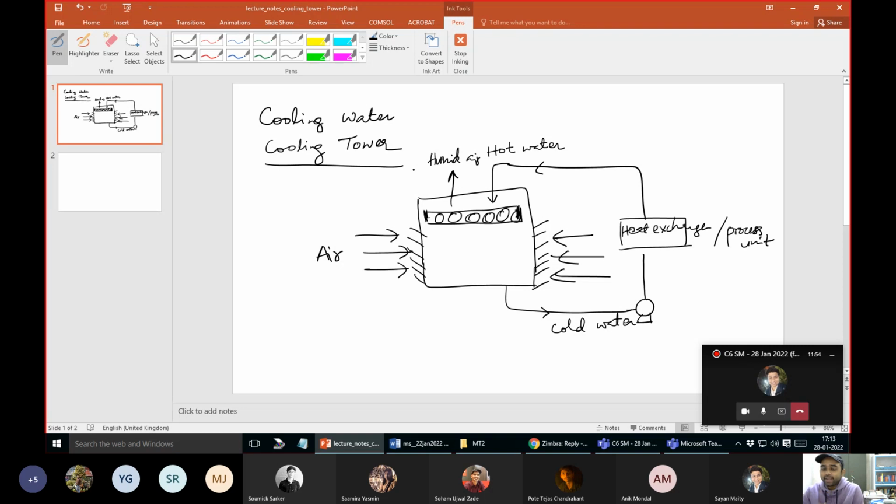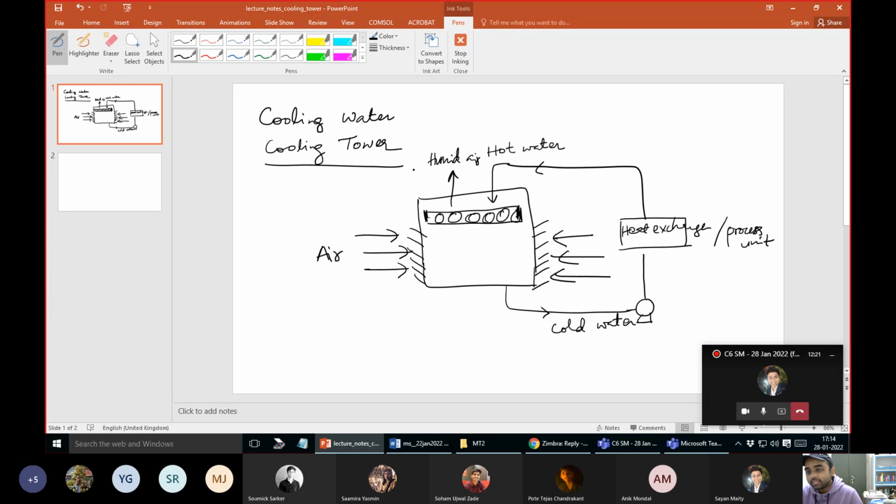Now the factors which directly affect the performance of the cooling tower are the temperature of air, the temperature of the incoming water, and the contact efficiency of air and water in terms of the mass transfer coefficient, because it is both a heat transfer as well as a mass transfer operation.